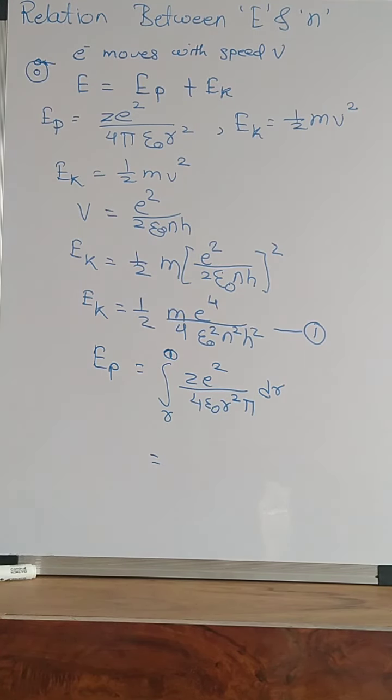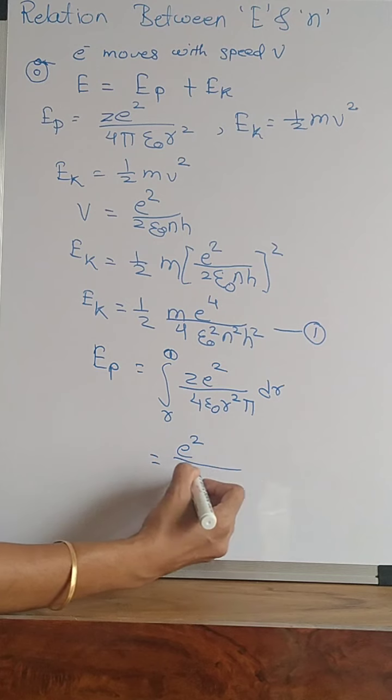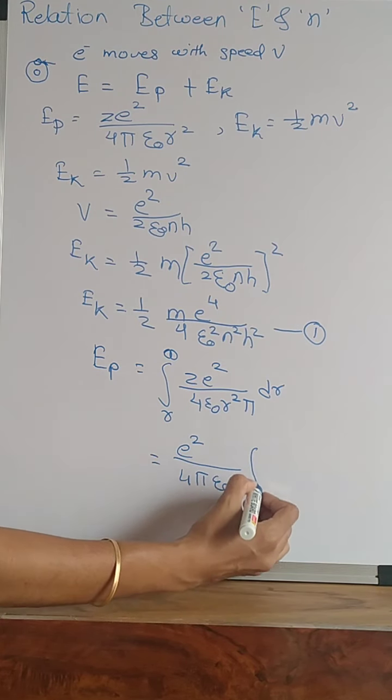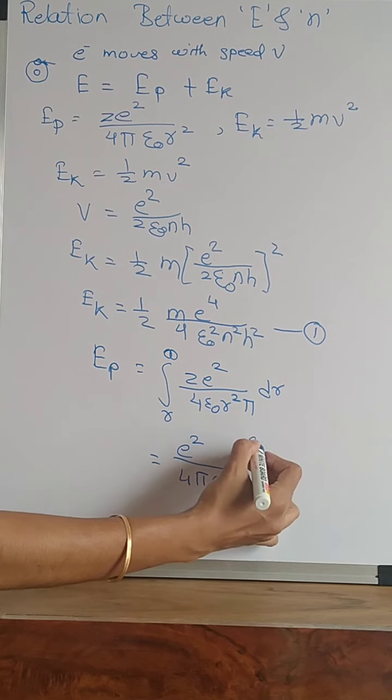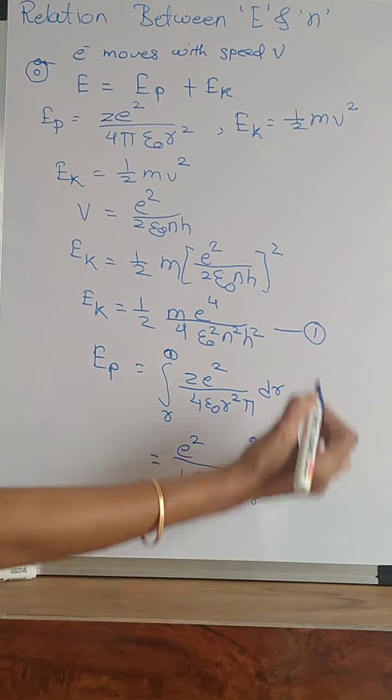If we consider hydrogen atom, the value of Z is 1. So the remaining quantities are e square upon 4 pi epsilon naught. Within the integral, only 1 upon r square. We have to integrate this with respect to dr.